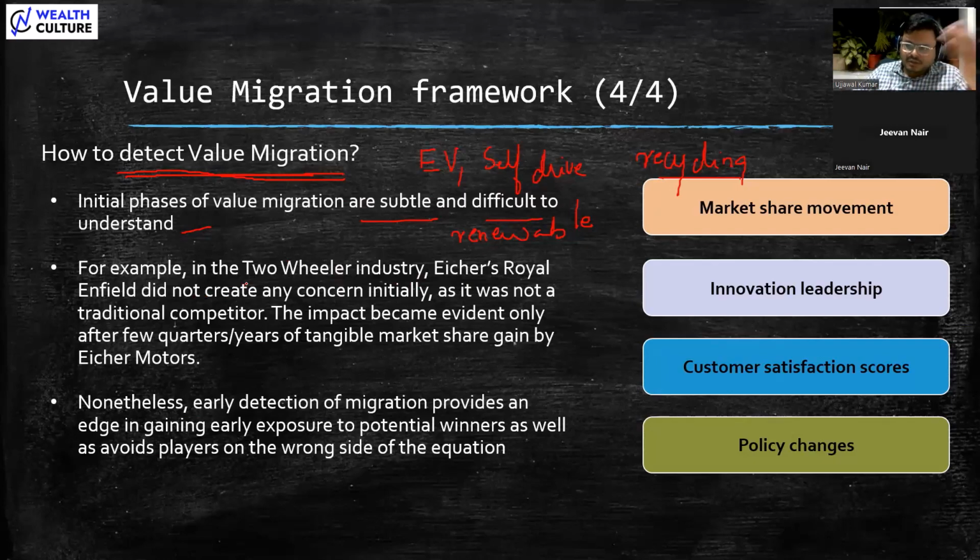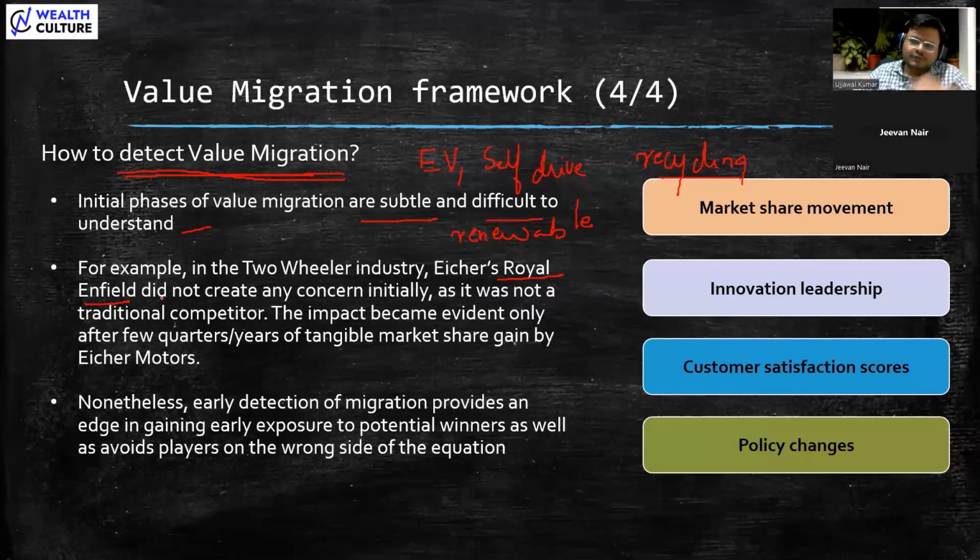So people thought it's a niche segment, maybe it won't become that popular. But for some reason, Royal Enfield went on to gather a significant market share and create a lot of wealth. So these trends take time to identify, but as soon as you identify them, you take advantage of that.